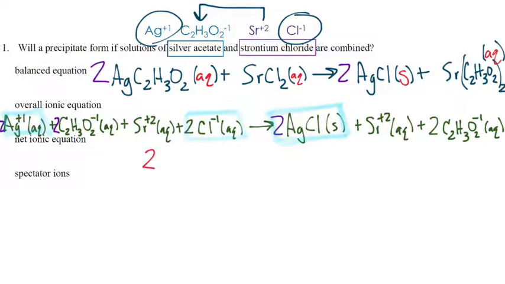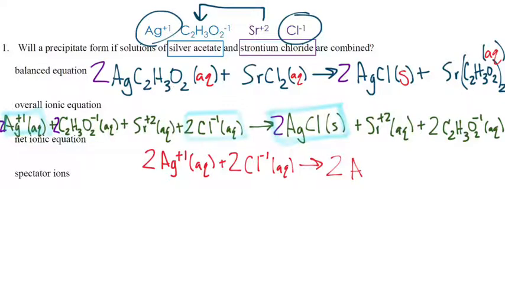So net ionic equation is that 2Ag plus 1, that's a mess, and 2Cl negative 1 aqueous make 2 AgCl solid molecules. So that is our net ionic equation.